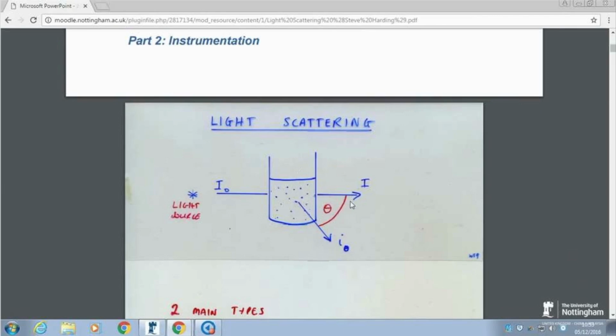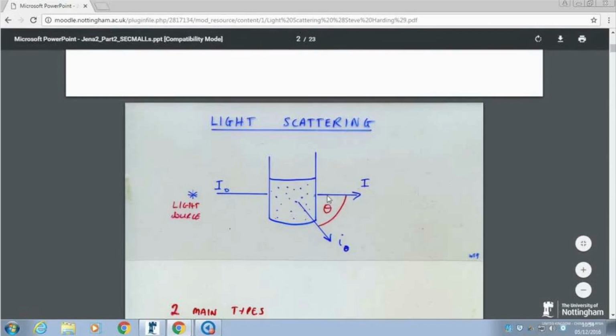And you measure essentially the intensity of light scattered as a function of the scattering angle theta, which is the angle between the direction of the incident beam and the direction of wherever your detector is.